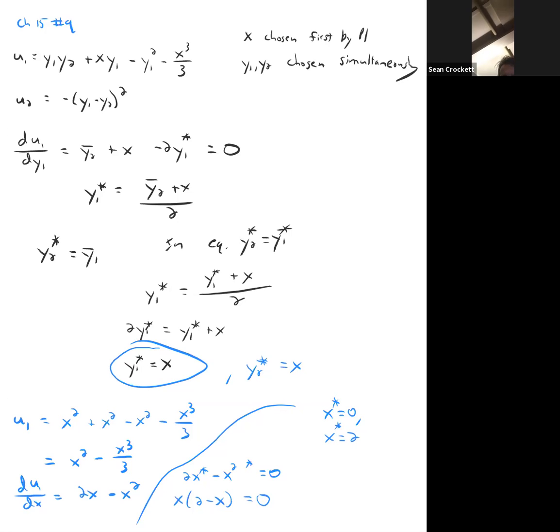And the solution where x equals 0, player one's utility is going to equal 0 because everything is going to equal 0. If x is equal to 0, y1 is equal to 0, y2 is equal to 0. When player one chooses 2, then everything in that equation is going to be 2.